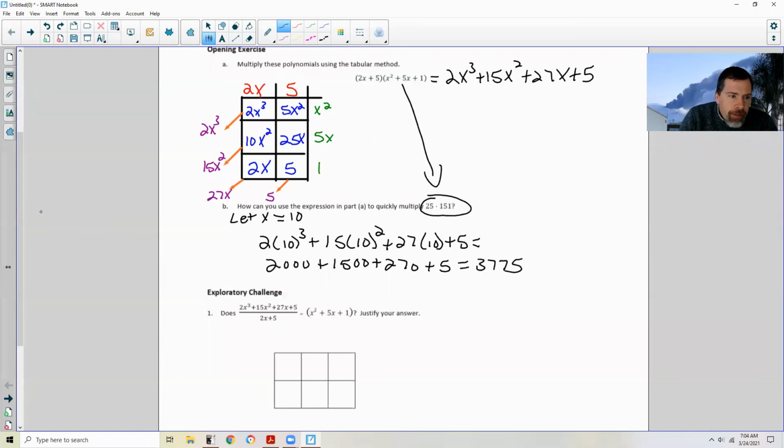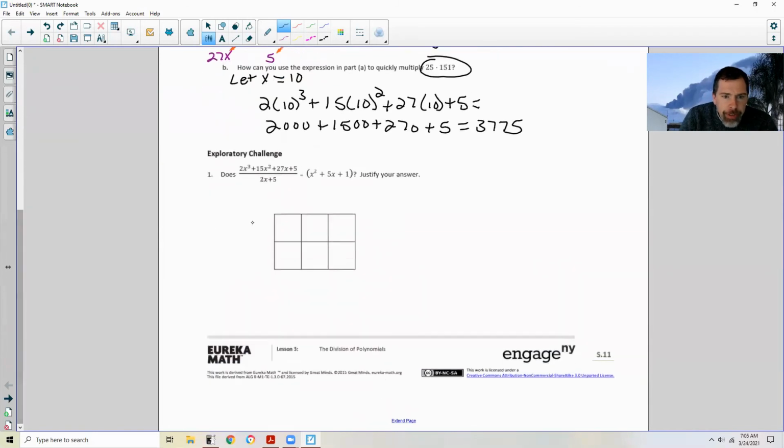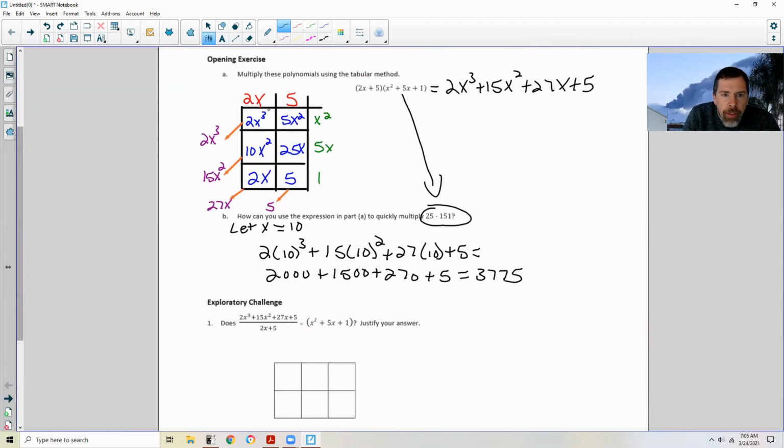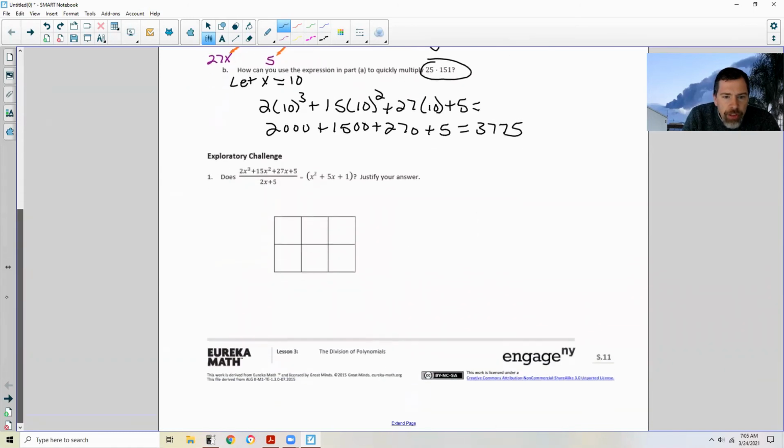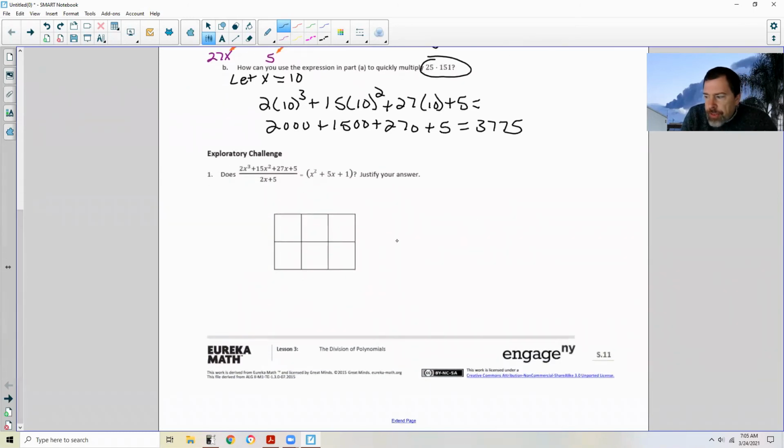Okay, so justify my answer here. Okay, so they gave us this tablet down here. So how do I explain this? We're working backwards. So if we go back up here, we took 2x plus 5 times x squared plus 5x plus 1, and we got this product. So now we want to justify that the division of this is going to get us that.